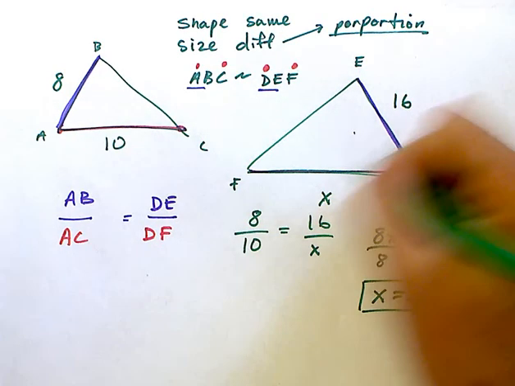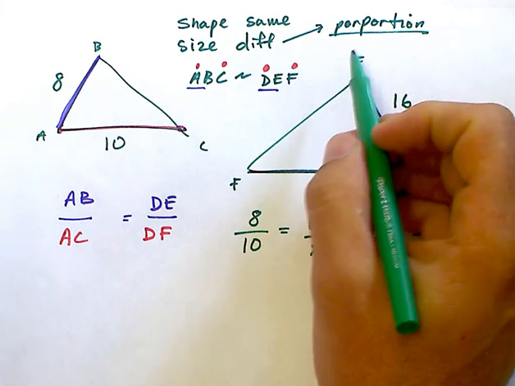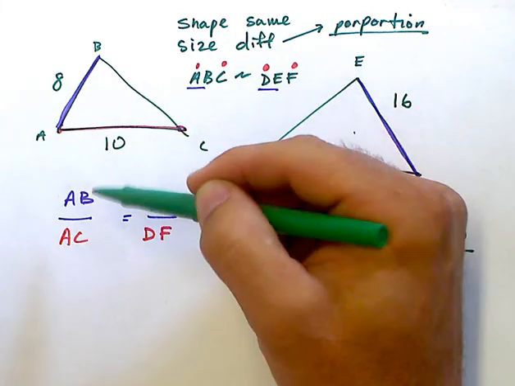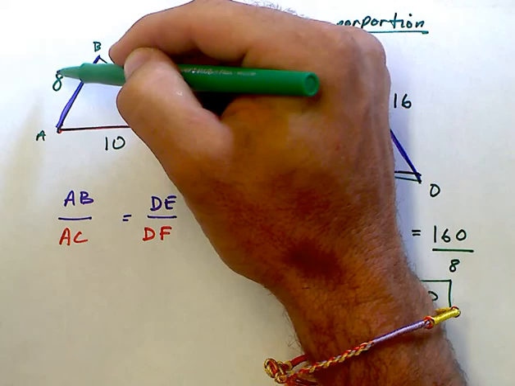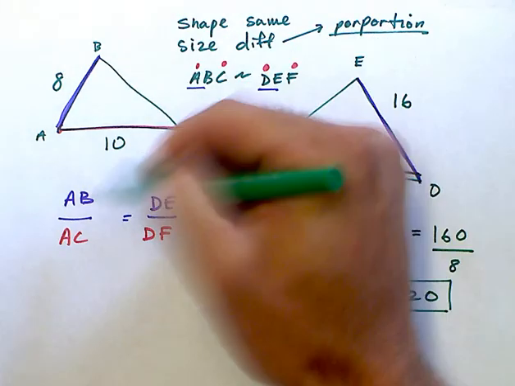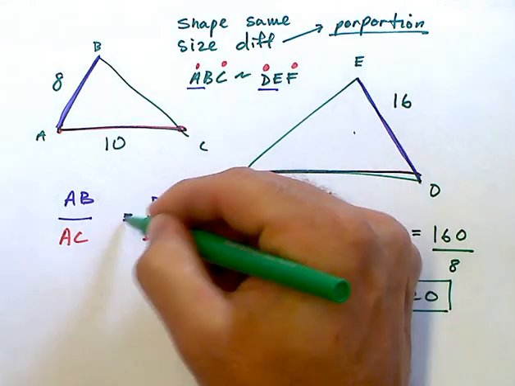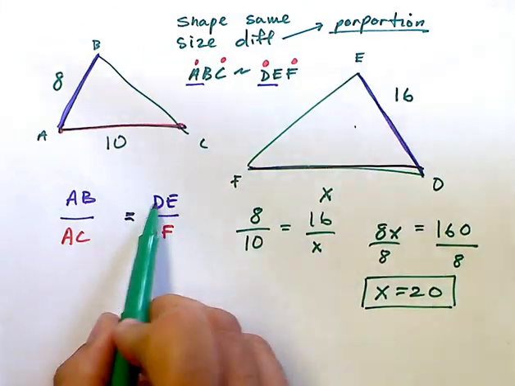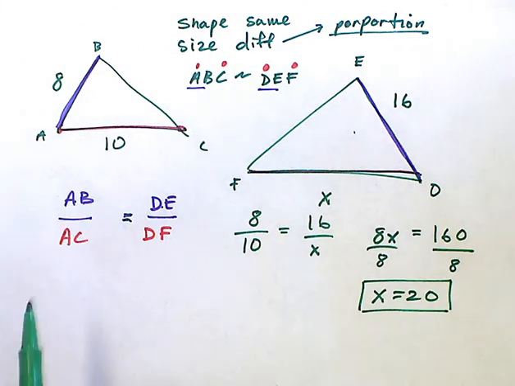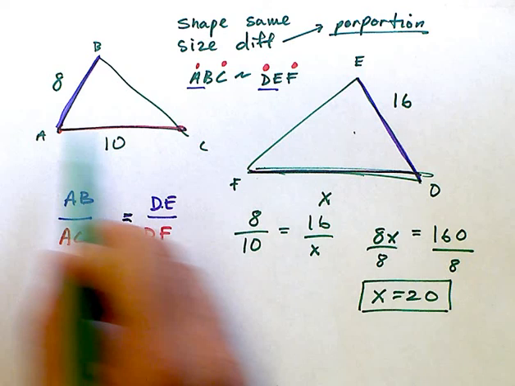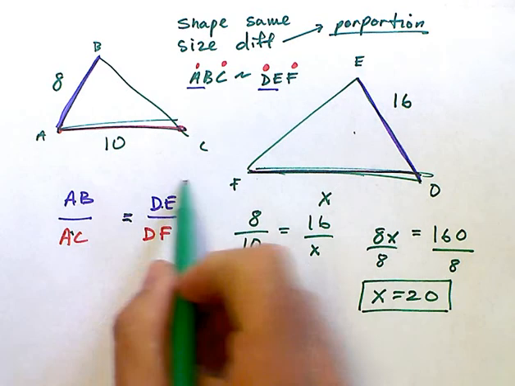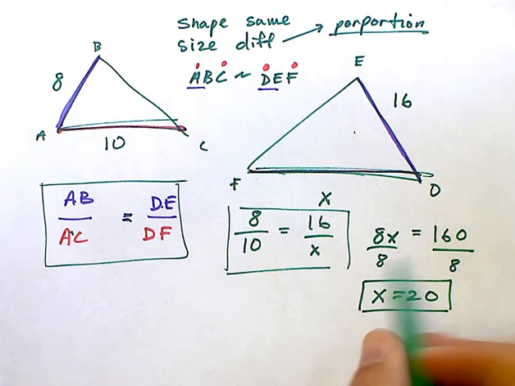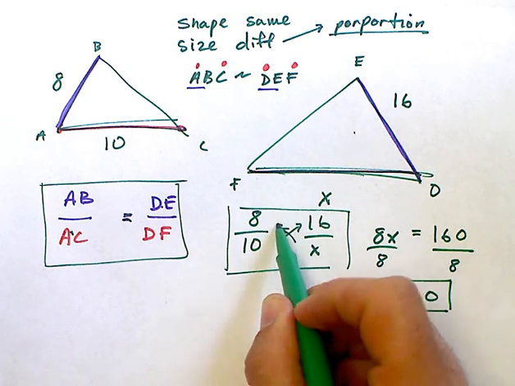So basically, anytime you're working with sides in your similar triangles, you're just trying to find, okay, the ratio of AB to AC is 8 to 10. I want to match it up with the other triangle with matching parts. I matched up the DE with the AB, and I matched up the DF with my AC. And then once I'm able to set up this proportion, substitute in the values, I could cross multiply. And it makes sense.